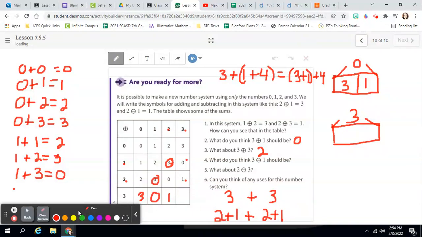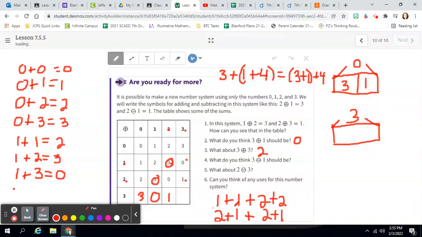Just to make some room for myself, I'm going to erase the 3 plus 3. The associative property tells me that this answer is going to be the same as, well, I can just rearrange these numbers. The commutative and associative properties tell me that 2 plus 1 plus 2 plus 1 is the same as 1 plus 1 plus 2 plus 2, or 2 plus 2 plus 1 plus 1. It doesn't matter.